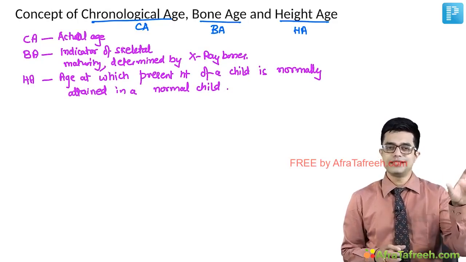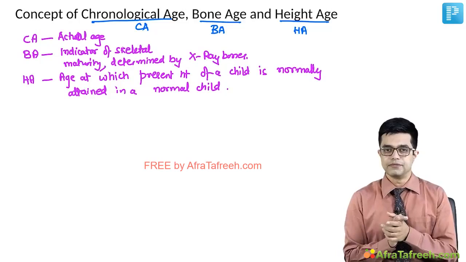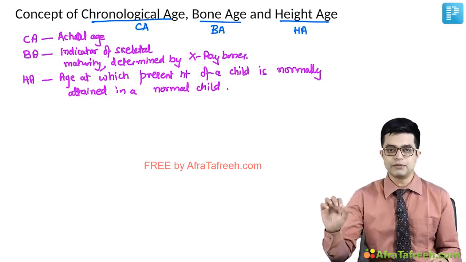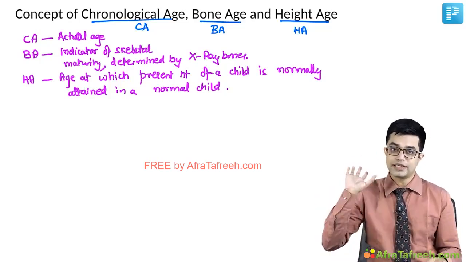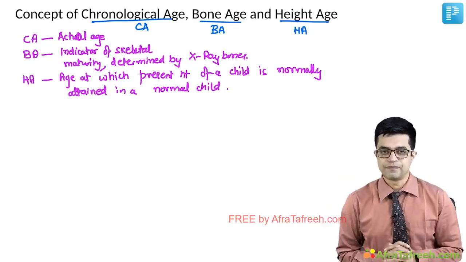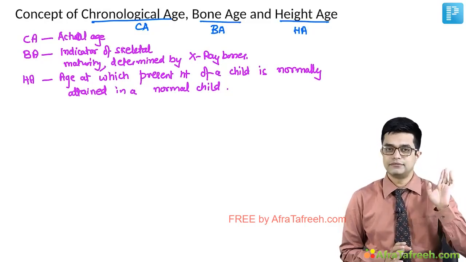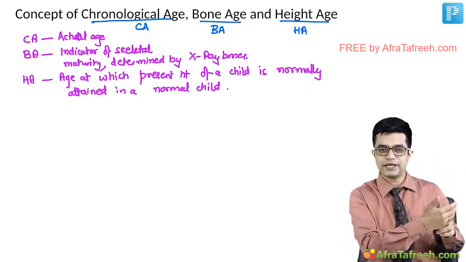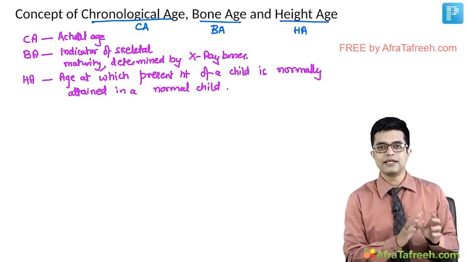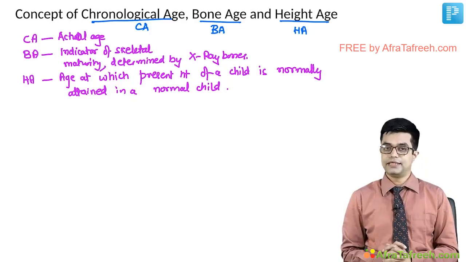Suppose chronological age is 6 year, right? And bone age comes out to be 5 year. So you will write bone age 5 year based upon X-ray, right? It is not the actual age, it is based upon X-ray. What is height age? You will take the measurement of that child, actual height, right? Now suppose actual height in this child is 100 centimeter, right?